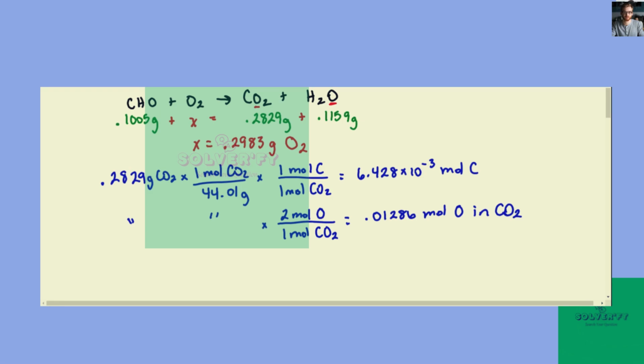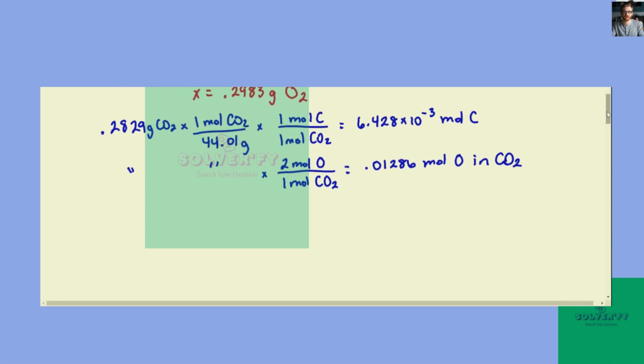We also have to use the water. We need to find moles of both oxygen and hydrogen from there. I'm going to start with oxygen. So 0.1159 grams of water. Get it into moles. So we're dividing by molar mass.